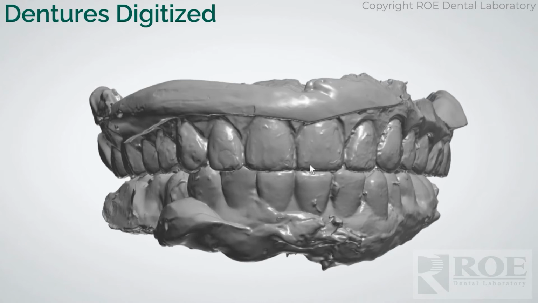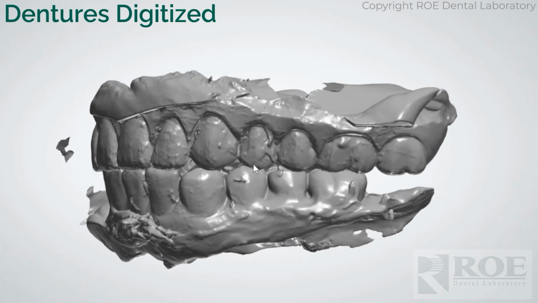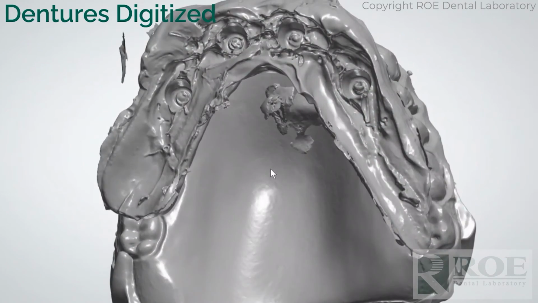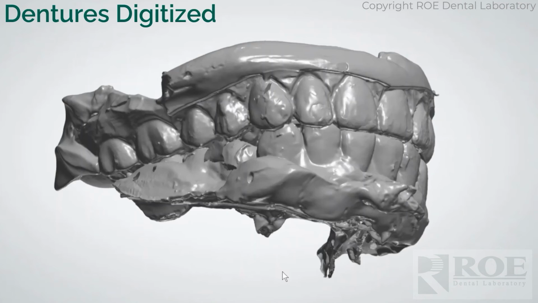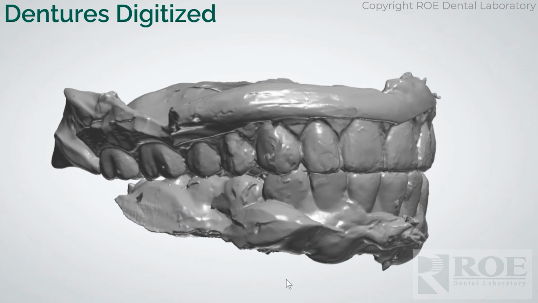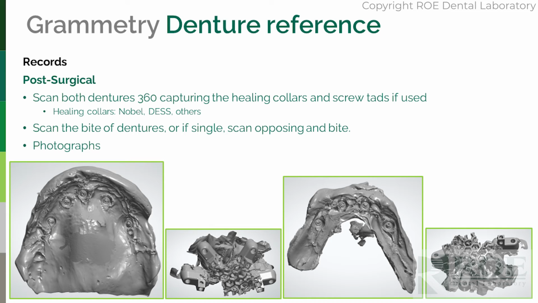So you're going to scan the upper, lower. We don't need any intraoral scans of the denture. Take them out, scan one at a time, upper, lower, scan the intaglio, hold it in your hand, scan the bite. Yep, upload. Based on that, right, you're going to upload that along with the OptiSplint scans.